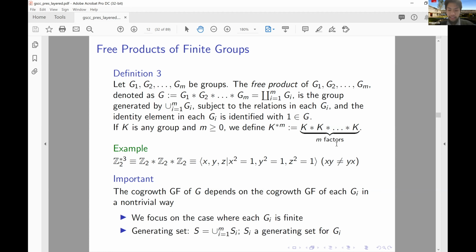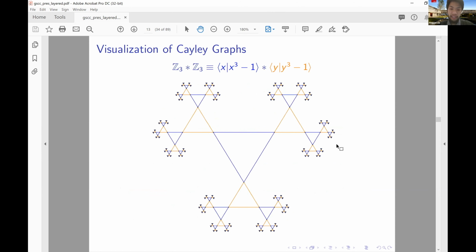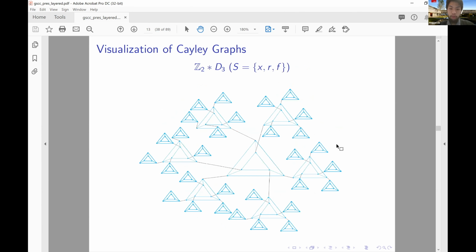Again, we'll focus on the case where each of our free factors is finite, and we'll even take our generating set to be the disjoint union of the ones taken for each of our free factors. Here is some visualization of Cayley graphs, which are basically infinite fractals, for the free product of 2 cyclic groups. And the structure is a bit more complicated if I involve a dihedral group here.